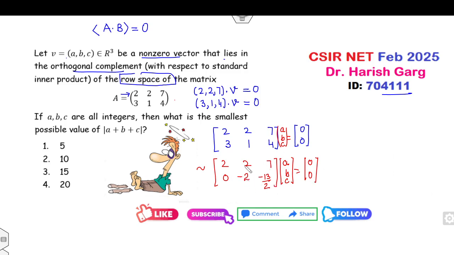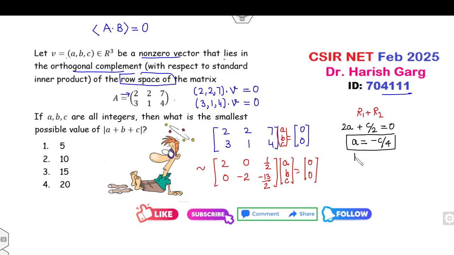For more calculation, I can add R1 plus R2. So this number will be 0. This number will be 14 minus 13, it's 1 over 2. So from the first equation, I can say 2a plus c over 2 is 0, so a will be minus c over 4.